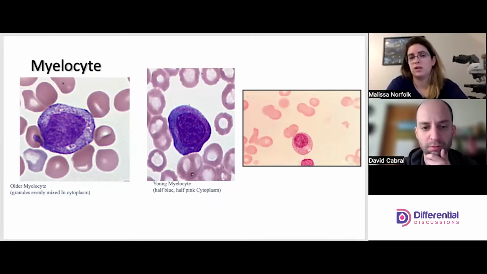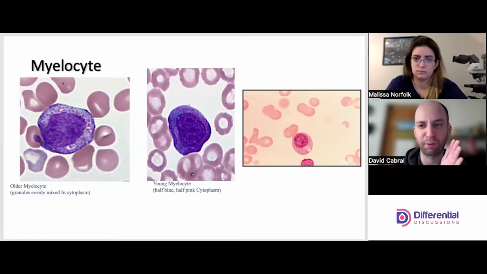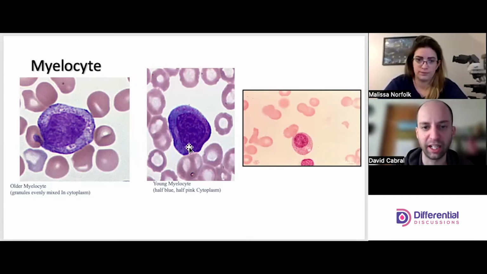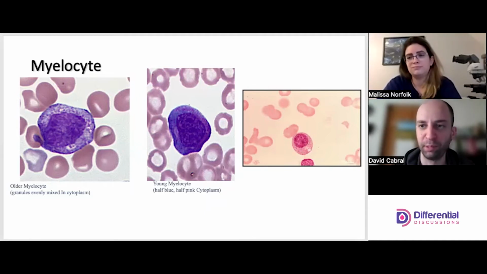But they no longer have nucleoli at this stage. And at this stage you'll start to see perhaps one side of the nucleus flatten off. We can see that in the younger one there, and a little bit right here too. That will bleed into the next stage characterization.